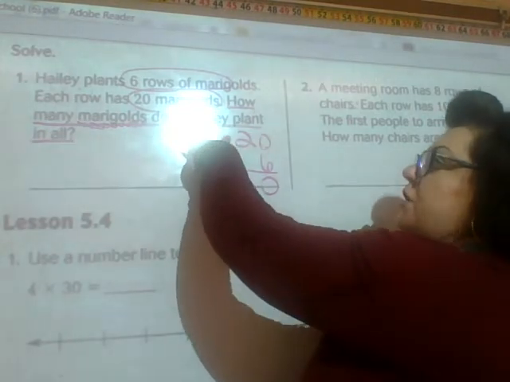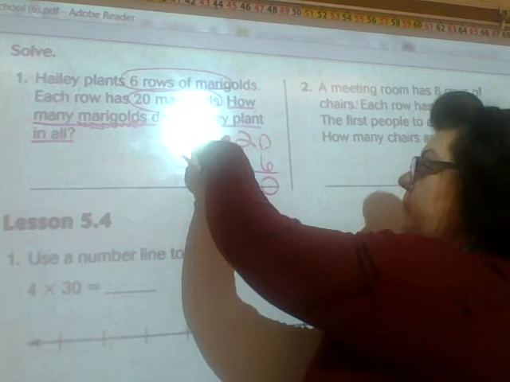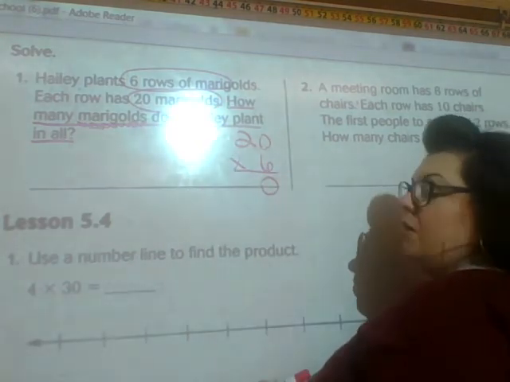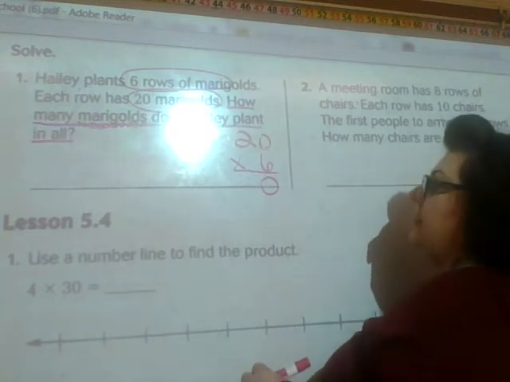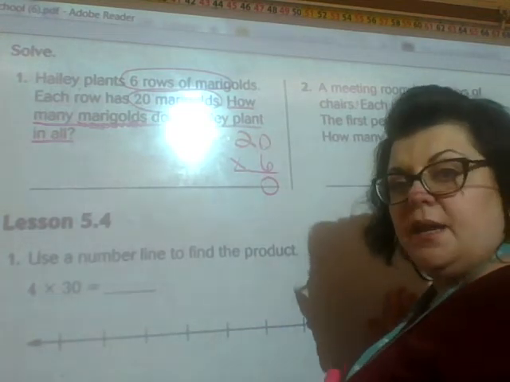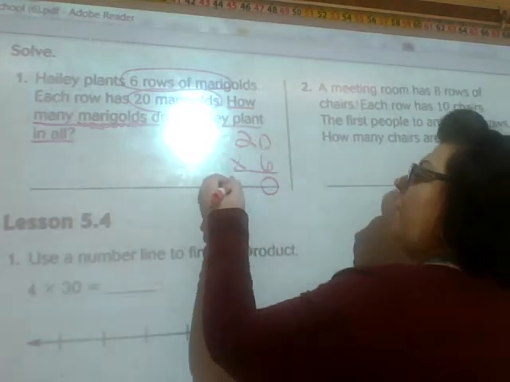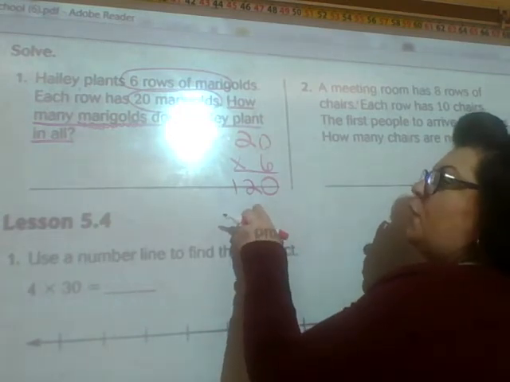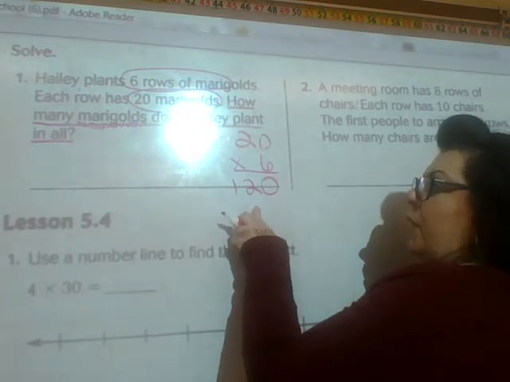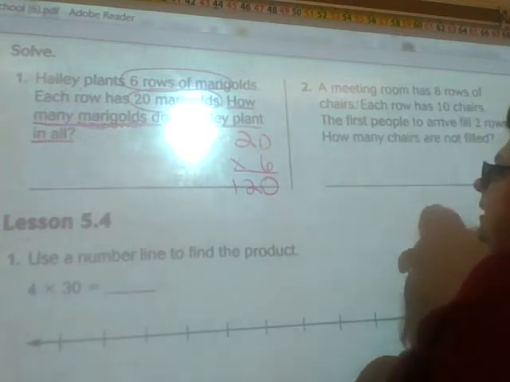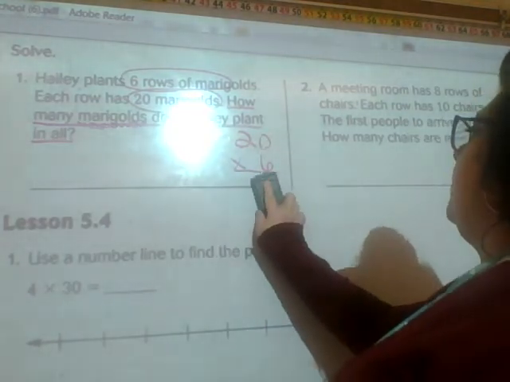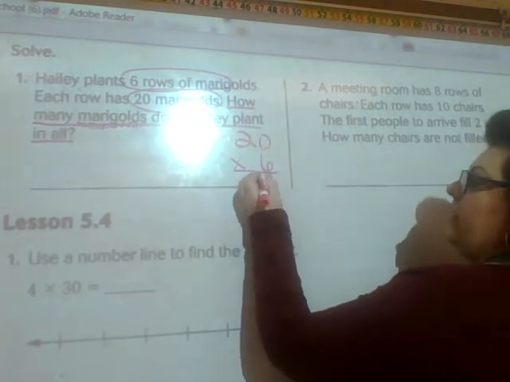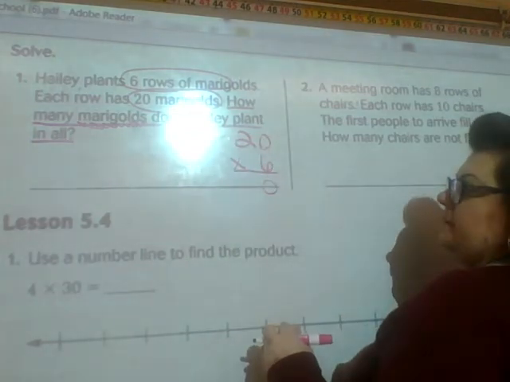Now come over to your tens place and multiply times 6. 2 times 6 is 12, so you have 120. Another trick: anytime you see a 0 in the ones column, you can just bring down the 0 and then say 2 times 6.